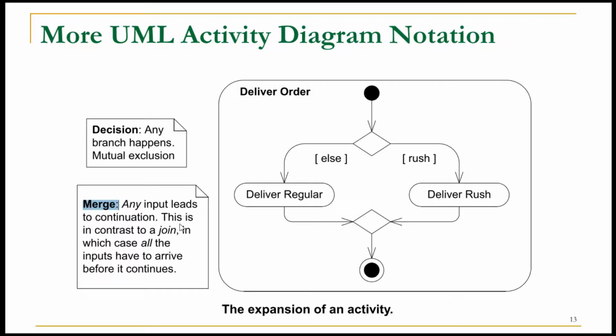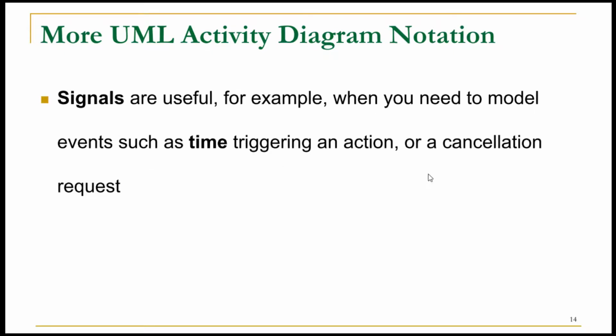When we use the join symbol, it is important for all the flows to reach that point, and then it continues to the next activity. Whereas in case of merge symbol, which is there in the case of decisions and branches, any input that will arrive first will lead to the continuation of the flow.